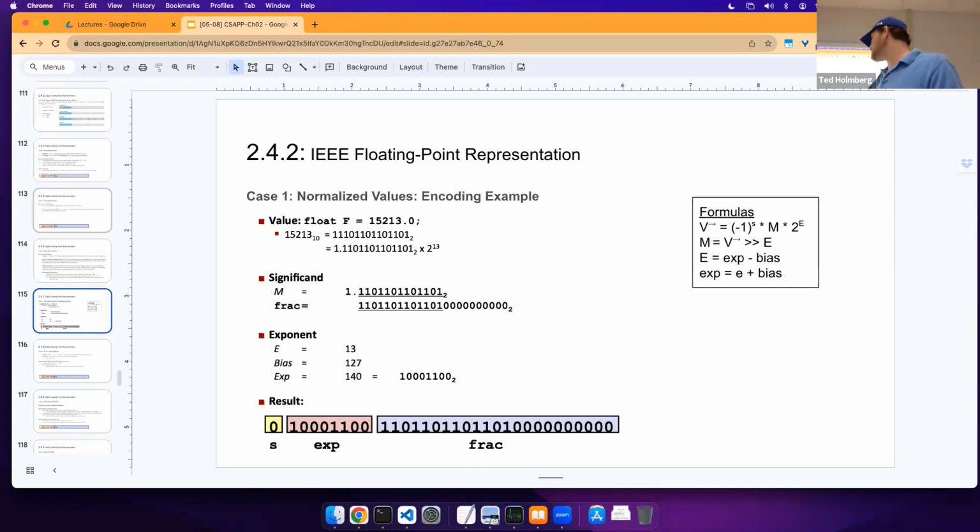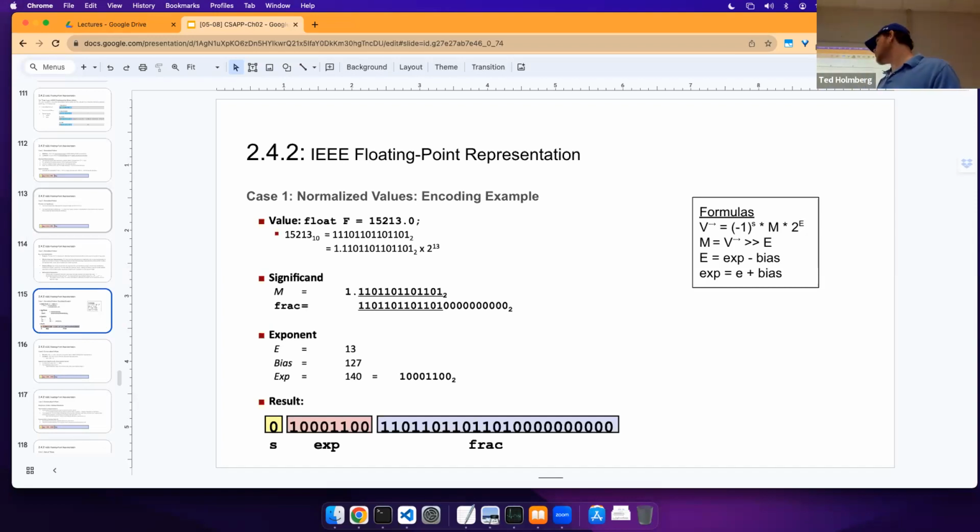The V represents my bit vector, my binary sequence that can have a binary point in it. That's the same as saying I can have -1 to the power of S, which is my sign bit, times my mantissa number, times 2 to the power of E, which is my exponent.